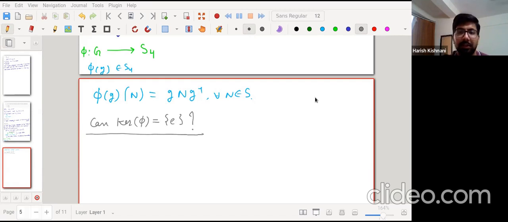Okay, then any response? Yes, no. If you're shy to interact, then you can also write in the chat. Okay, so yeah, it cannot be identity. Shalini, do you have an argument for that?